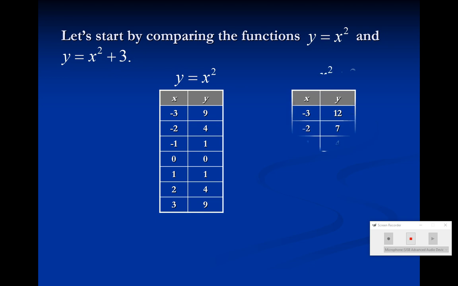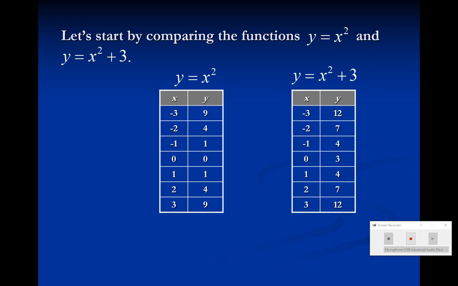And the whole lesson is right here in a couple of seconds. All I do to make the table of values of x squared plus 3 is I take the values I had for y equals x squared and I add 3. I'm literally taking x squared and adding 3. If I add 3 to each of those, 9 plus 3 is 12, 4 plus 3 is 7, 1 plus 3 is 4, 0 plus 3 is 3, 1 plus 3 is 4, 4 plus 3 is 7, 9 plus 3 is 12.